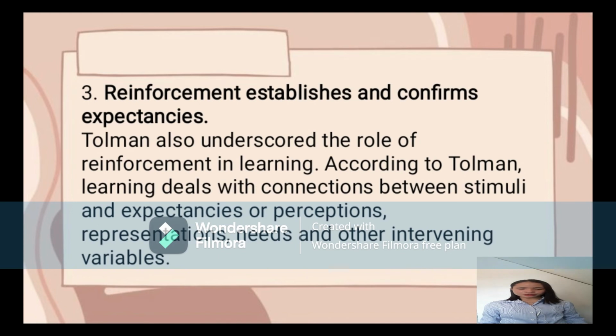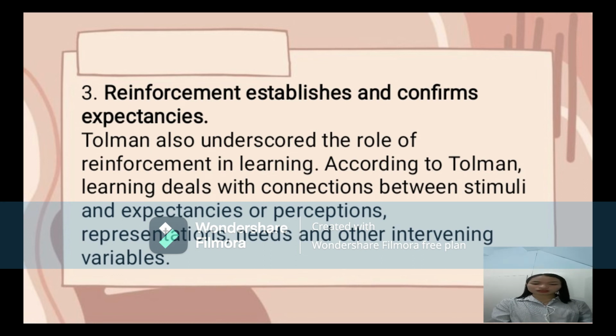The third one is reinforcement establishes and confirms expectancies. Tolman also underscored the role of reinforcement in learning. According to Tolman, learning deals with connections between stimuli and expectancies or perceptions, representations, needs, and other intervening variables. On its explanation, reinforcement is not essential for learning.